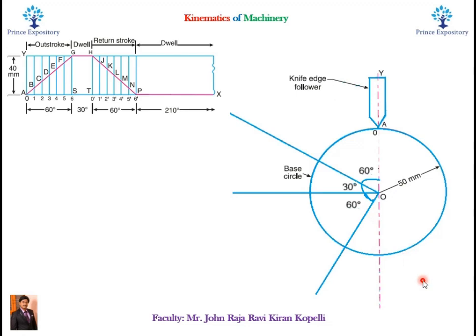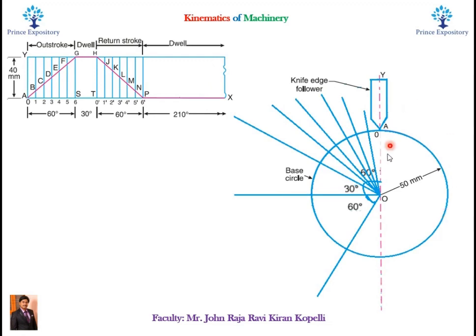Now, after dividing, our main concentration is on outstroke 60 degrees and return stroke 60 degrees. So let us divide this 60 degrees into 6 equal divisions, and the extended division lines will intersect the base circle.